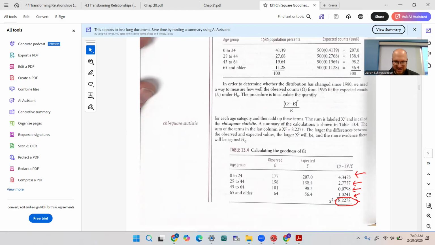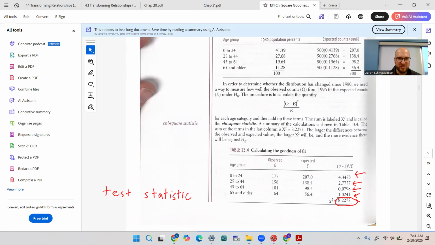This is my test statistic. Your test statistic is going to be whatever number you get from your test, whether it's chi-square, whether it's Z, whether it's T. You're going to deal with a Poisson distribution coming up, and there's also binomial test statistics. So your test statistic is this value.